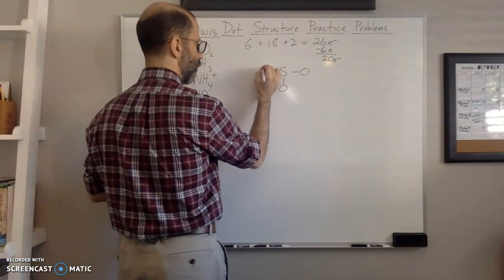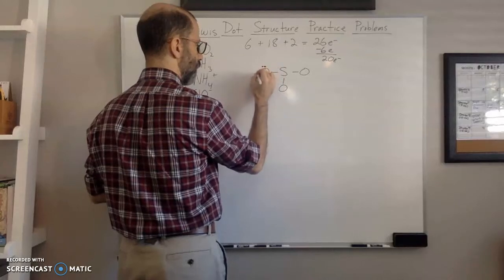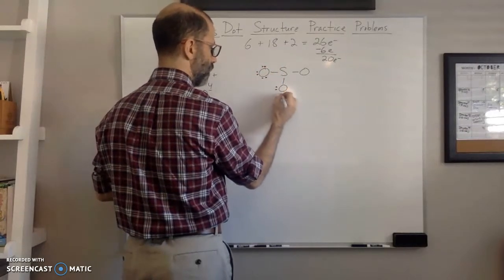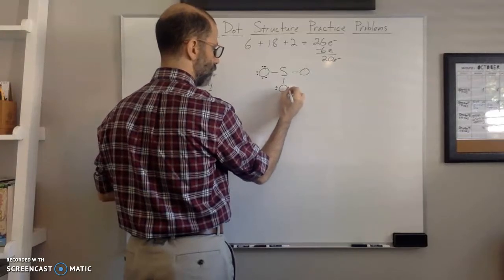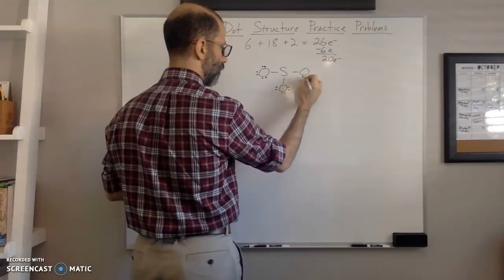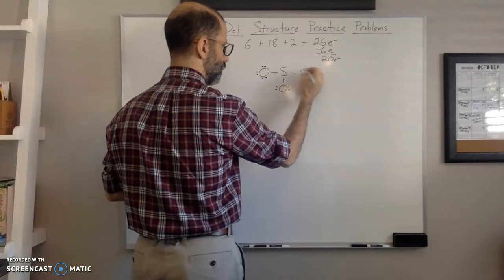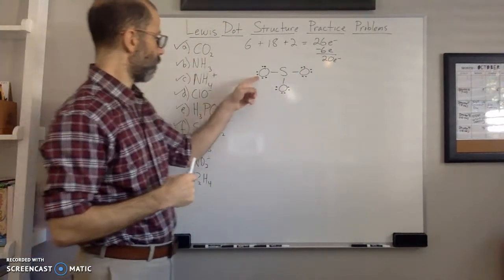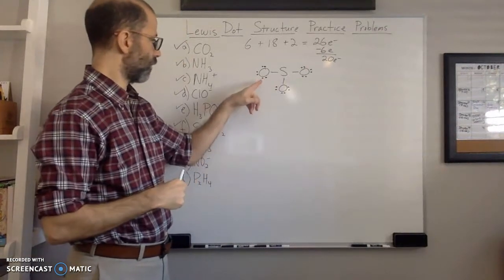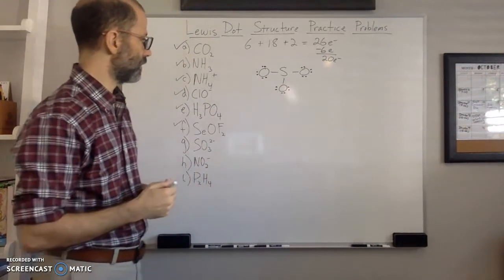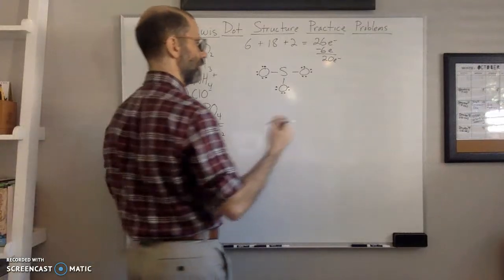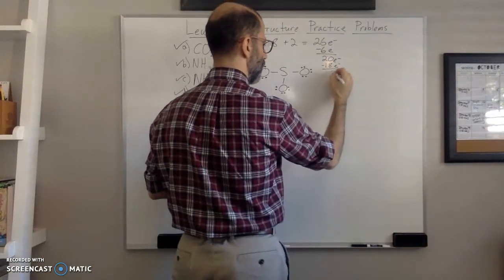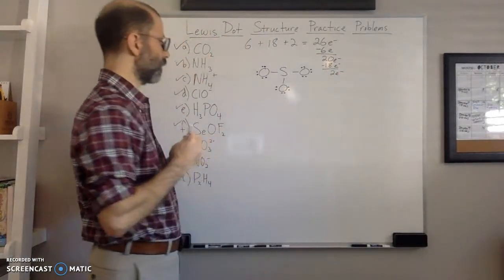So I need to put 3 lone pairs here and 3 here to give that oxygen an octet, and I have 3 here to give this oxygen an octet. So now all my oxygens have octets. So that was 3, 3, and 3. That's 9. 9 times 2 is 18. So I used up 18 electrons. So I'm going to subtract 18, and I have 2 electrons left over.